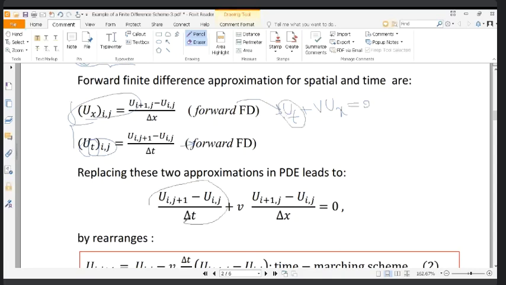It's an approximation for u with respect to t. Then we have plus v, and for u with respect to x, based on forward finite difference, we write ui plus 1 and j minus uij over delta x. This is a forward approximation for u with respect to x, and then we have these terms equal to 0.